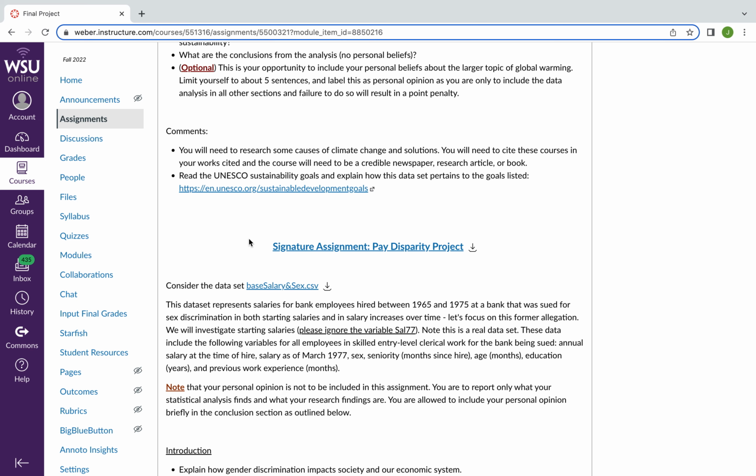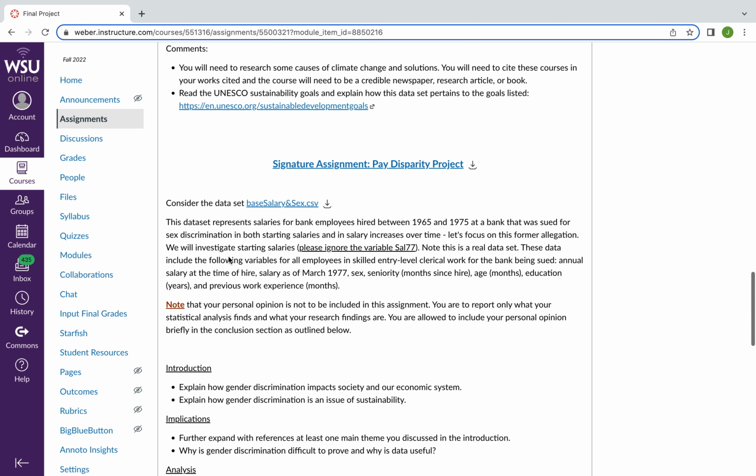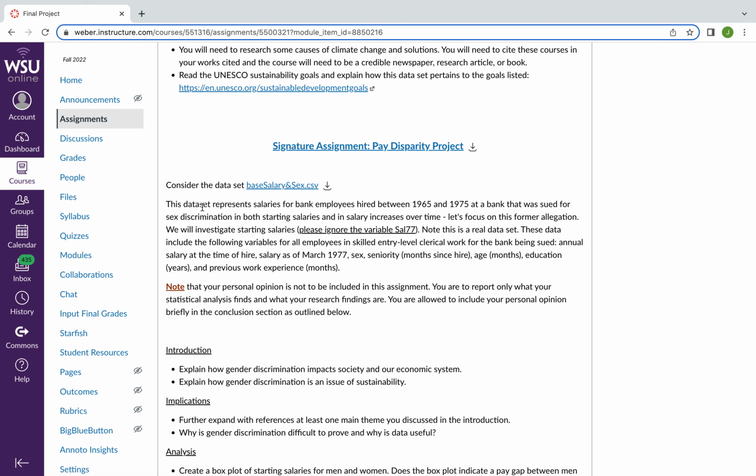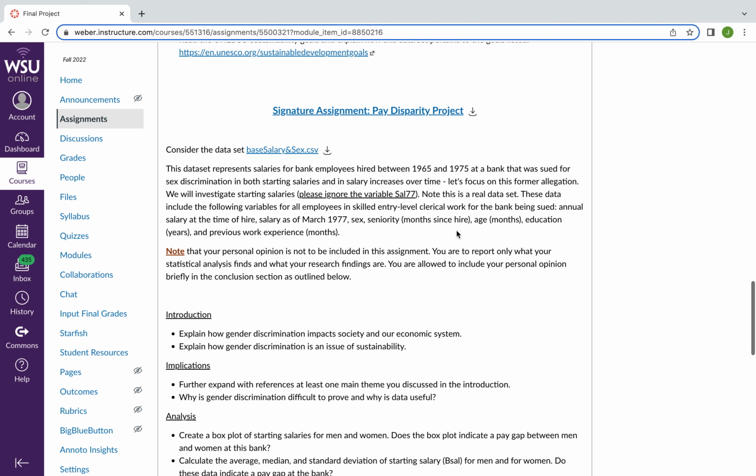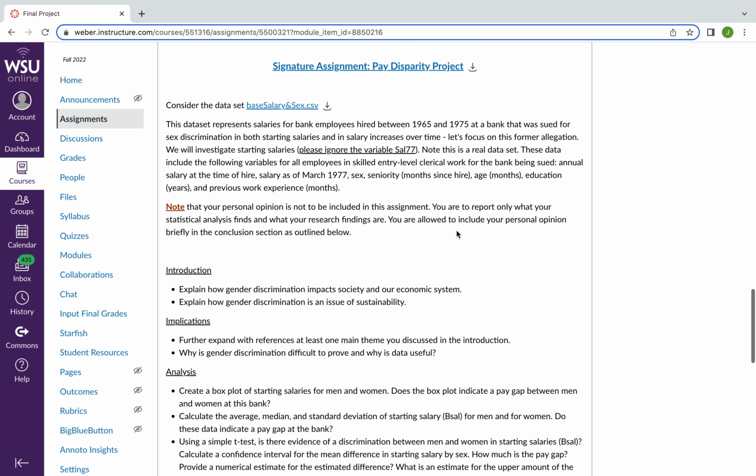The second project is on pay disparity, and this is on an actual bank between the time period of 1965 and 1975 that was sued for sex discrimination and starting salaries. We focus mainly on starting salaries difference. Okay.